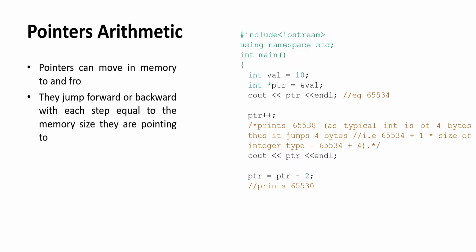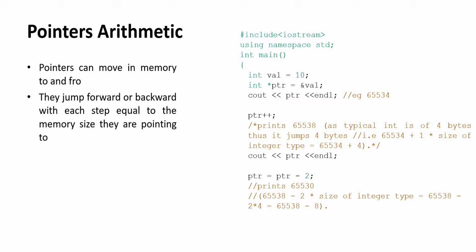Initially, ptr stores the address of var, let's say 65534. When you do ptr++, the pointer does not increase by 1 byte. Instead, it is increased by the size of the data type. Since int is 4 bytes, 65534 goes to 65538.